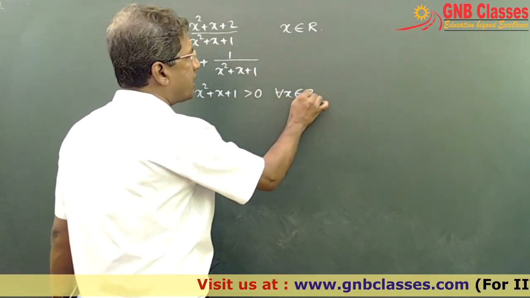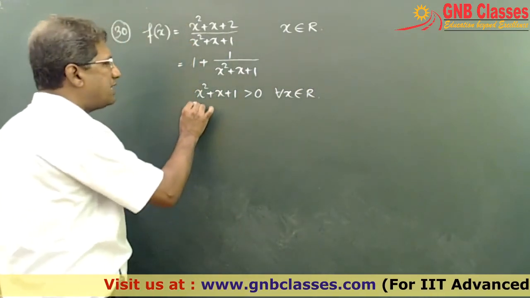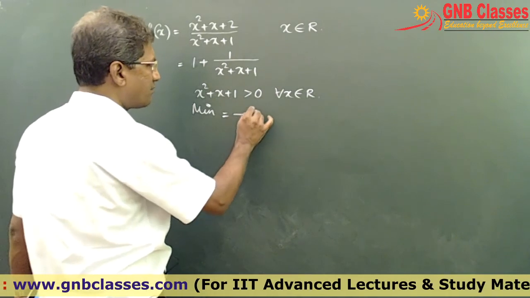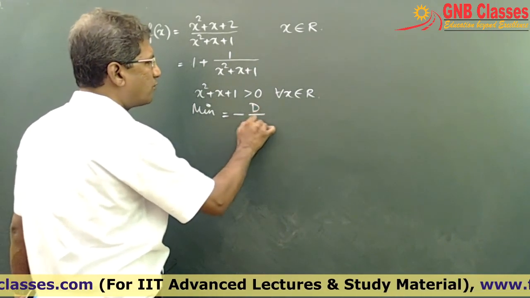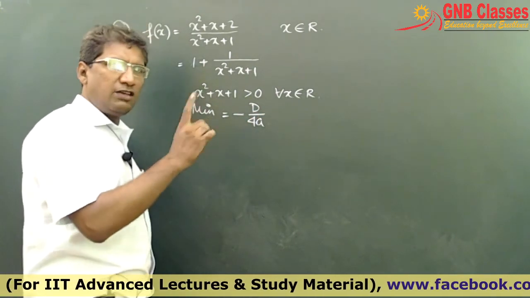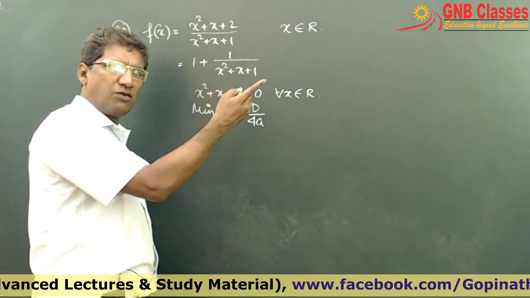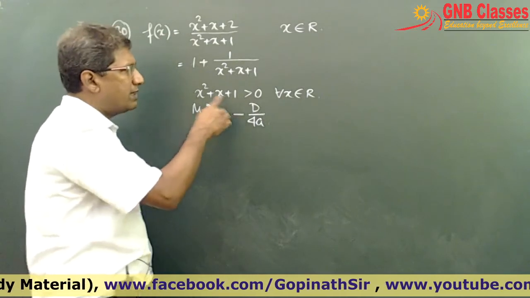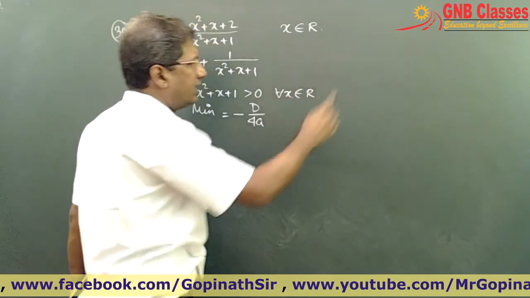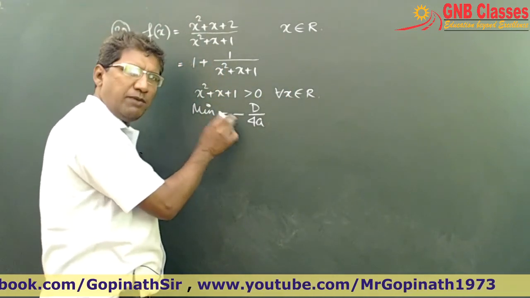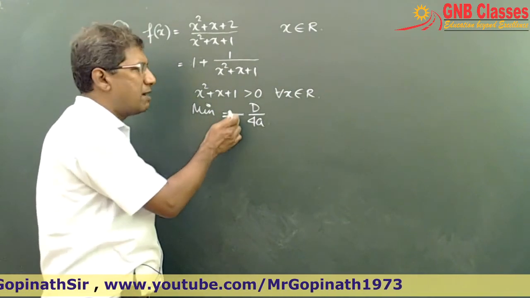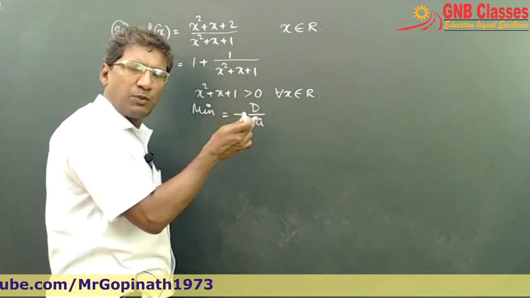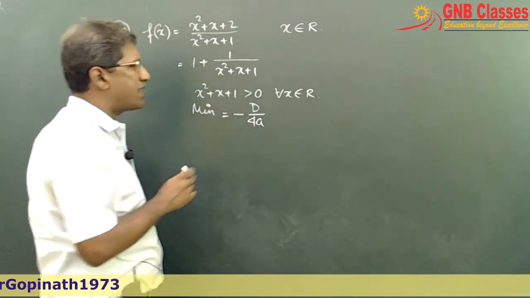Its minimum value will be minus D by 4a. Remember that? If you have not remembered this, please go to the theory of quadratic equation section and see that. When the parabola opens upward, we always get the minimum value, and the minimum value will be minus D by 4a, and it takes place at x equals minus b by 2a.